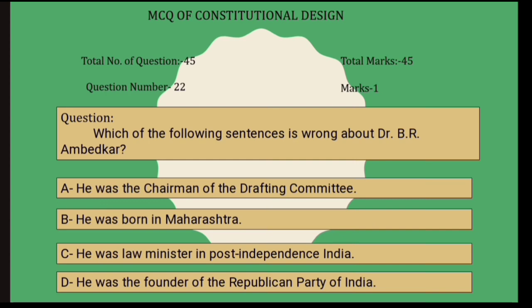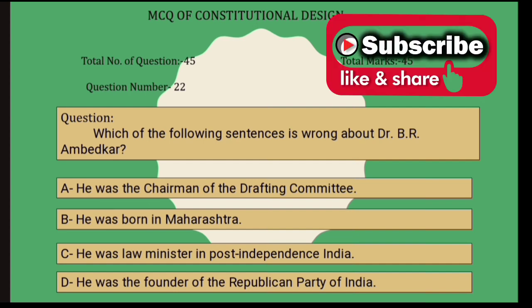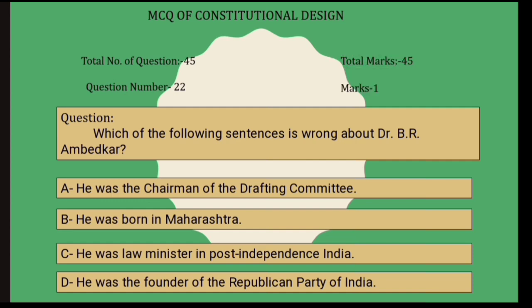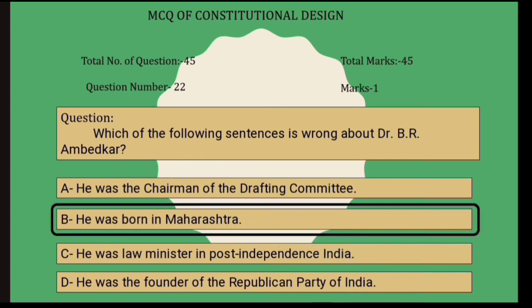Which of the following sentences is wrong about Dr. B.R. Ambedkar? Option A. He was the chairman of the drafting committee. B. He was born in Maharashtra. C. He was law minister in post-independence India. D. He was the founder of Republic Party of India. Correct option is B. He was born in Maharashtra.